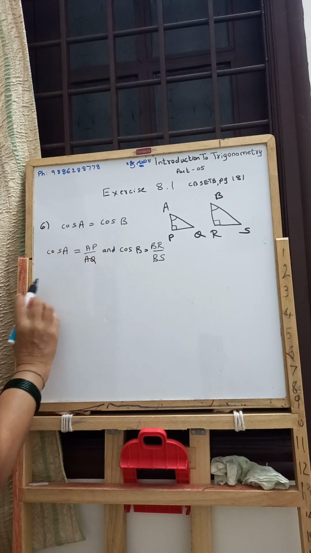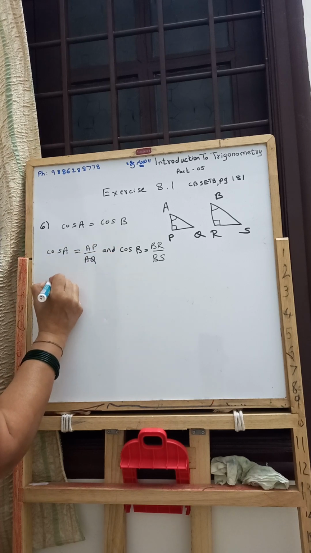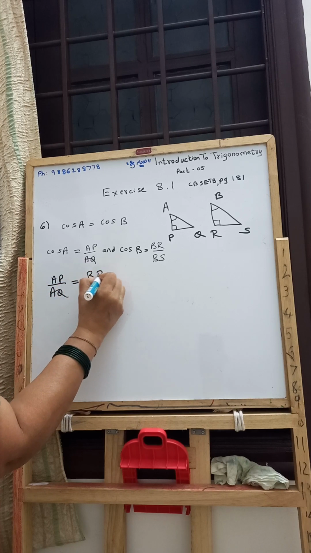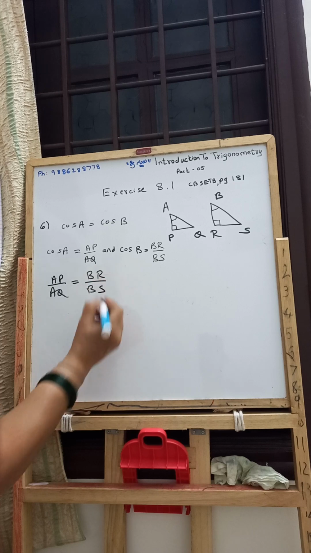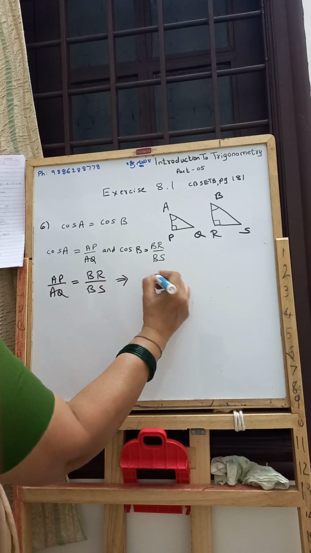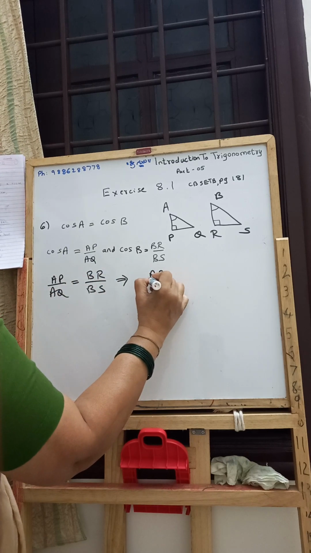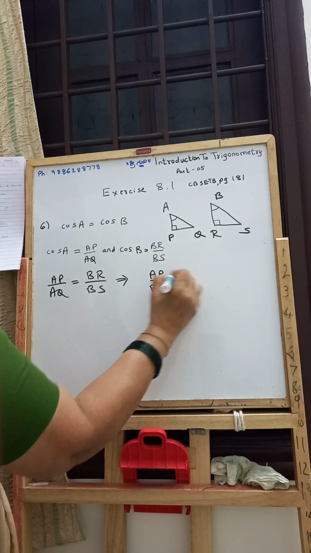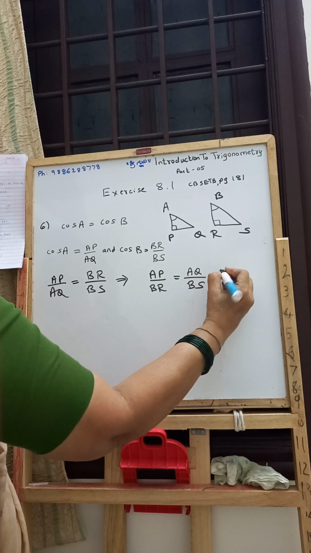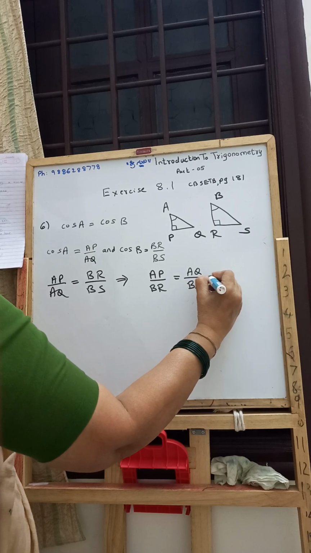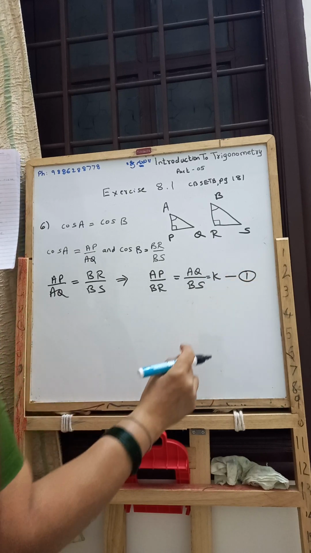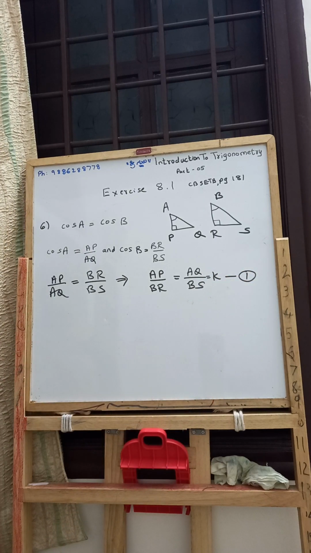Because cos A is equal to cos B given, we write AP upon AQ is equal to BR upon BS, which implies we can write this ratio as AP upon BR is equal to AQ upon BS. This is equal to K for some positive number K.